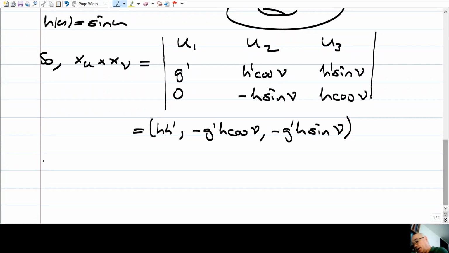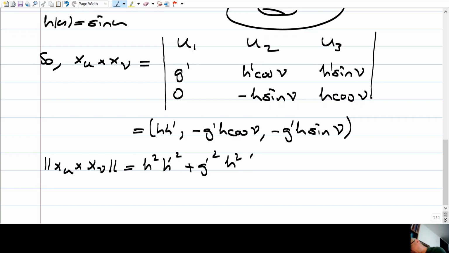Okay, and then the length of this vector is the following. If you compute it, I just square all the entries and then add them up. So you will get h squared h prime squared plus g prime squared h squared, and then I have cosine squared v plus sine squared v.